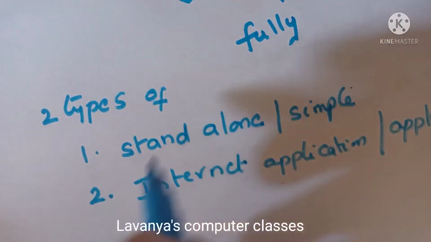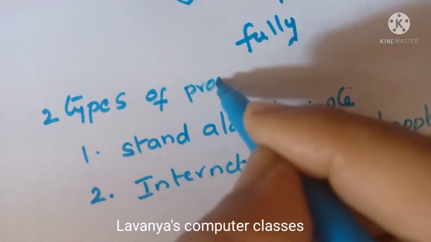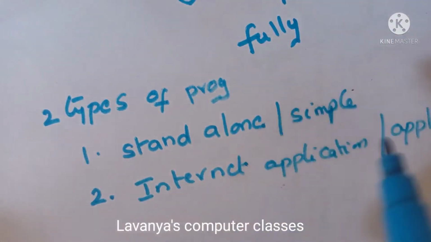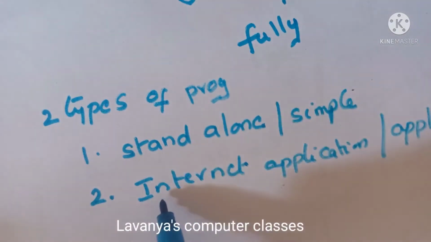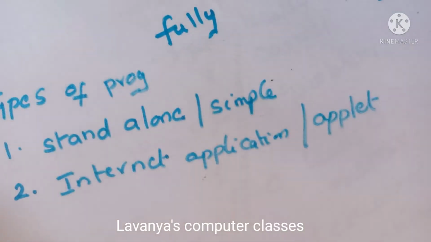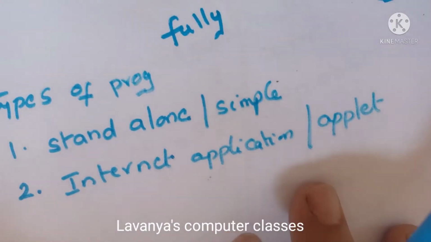So using Java we are developing two types of programs: either simple application programs, called standalone, or internet application programs, called applet programs. These are the types of programs.